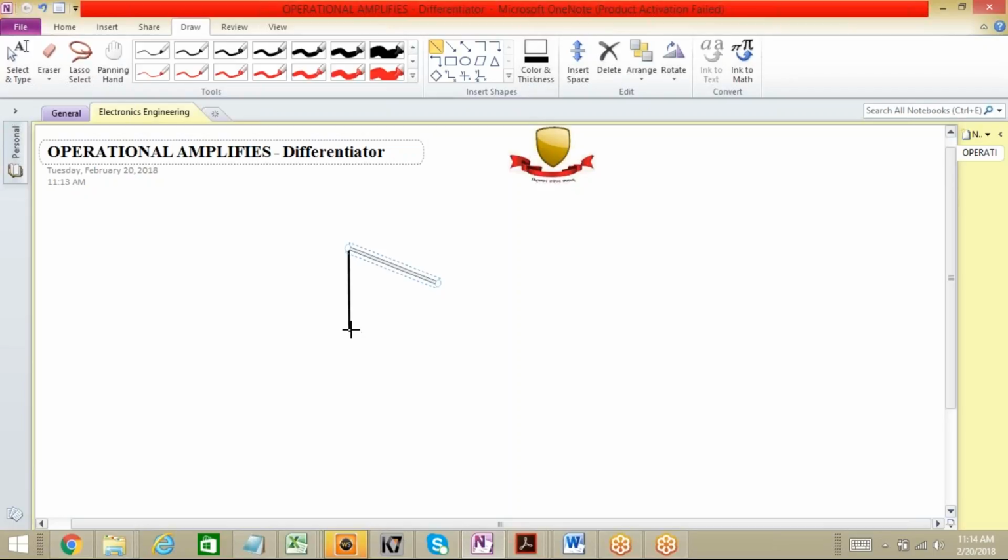It seems a kind of small triangle here, and it has its own couple of terminals, like this one, then we have this one, then we have this one, and here we have the supply voltage.